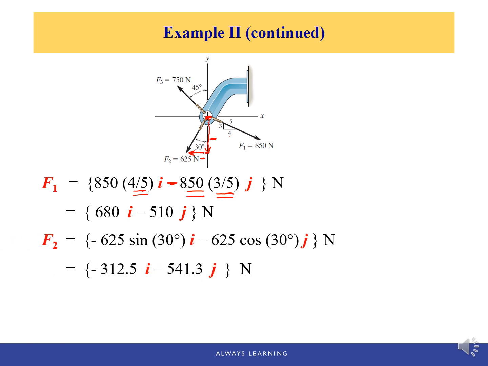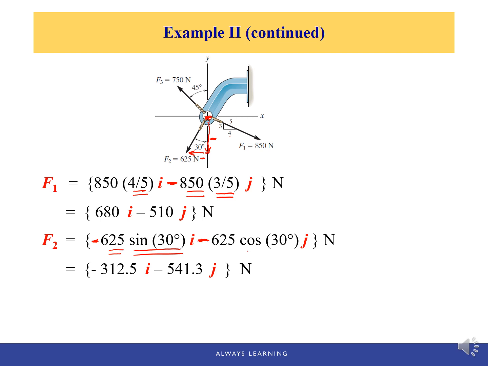So the i hat term is negative sine 30 times 625, and the j hat term also has a negative sign in front of it. The magnitude is 625 times cosine 30 degrees.